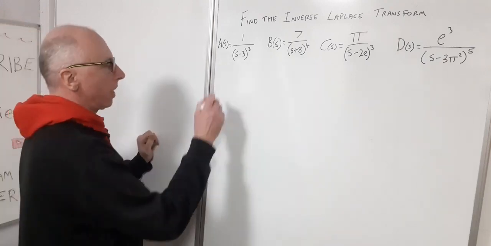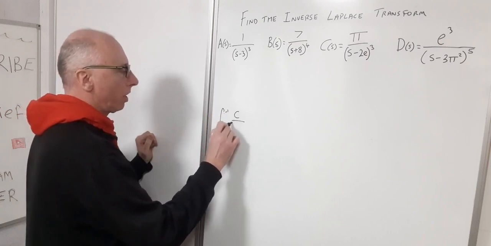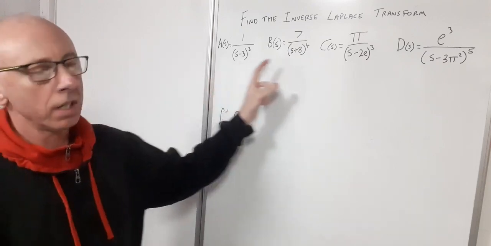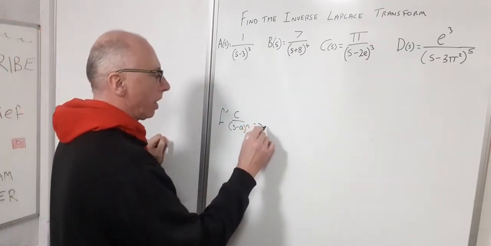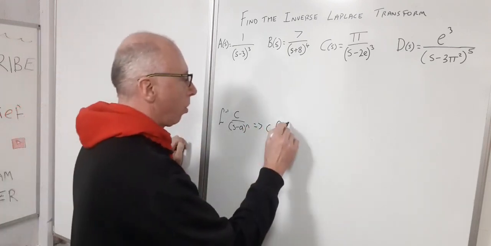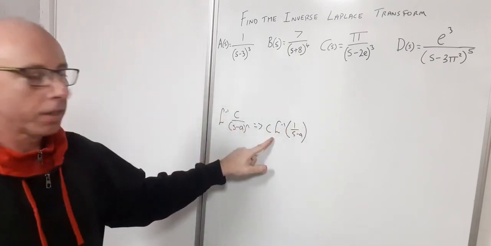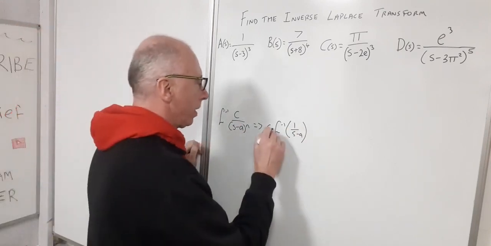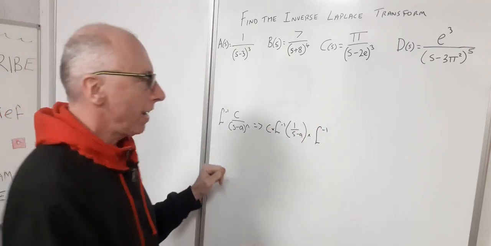So the generic formula for these is the inverse Laplace of c over s minus a to the n. So all of these take that kind of form. This leads us to c times the inverse Laplace of 1 over s minus a. So that's our first part. We take the constant out and we need to know what this is, and then these are all multiplied by the next inverse Laplace of 1 over s to the n.